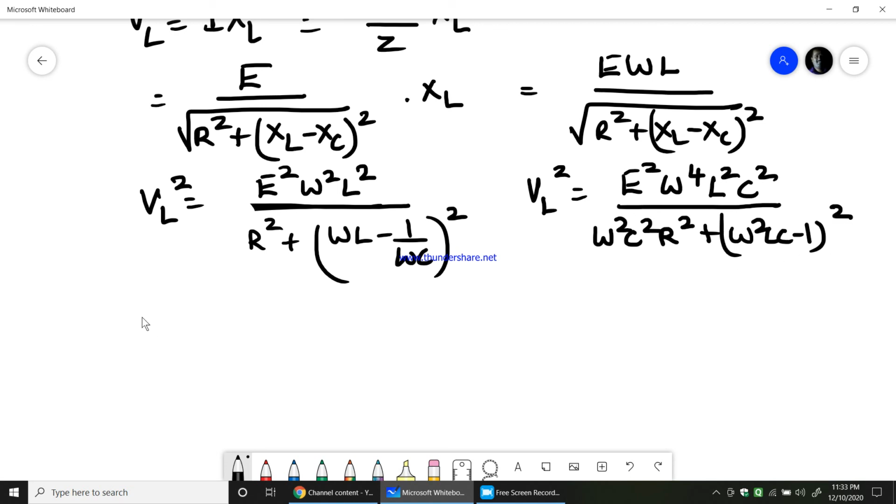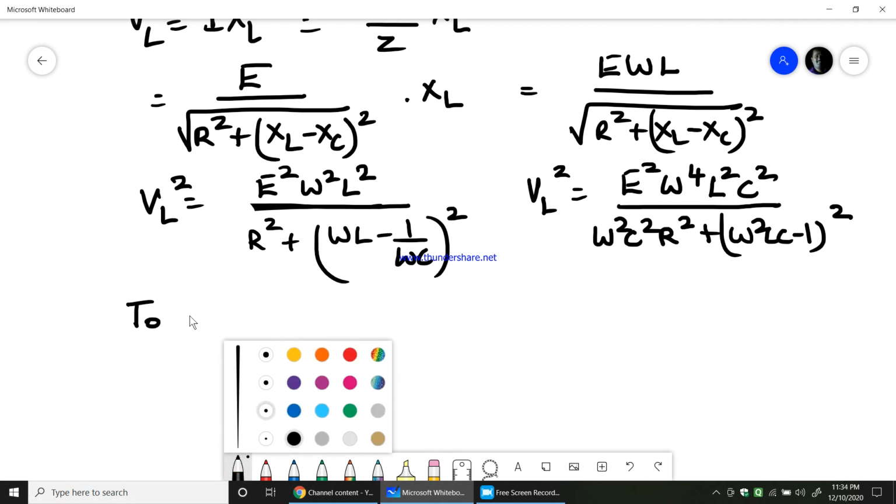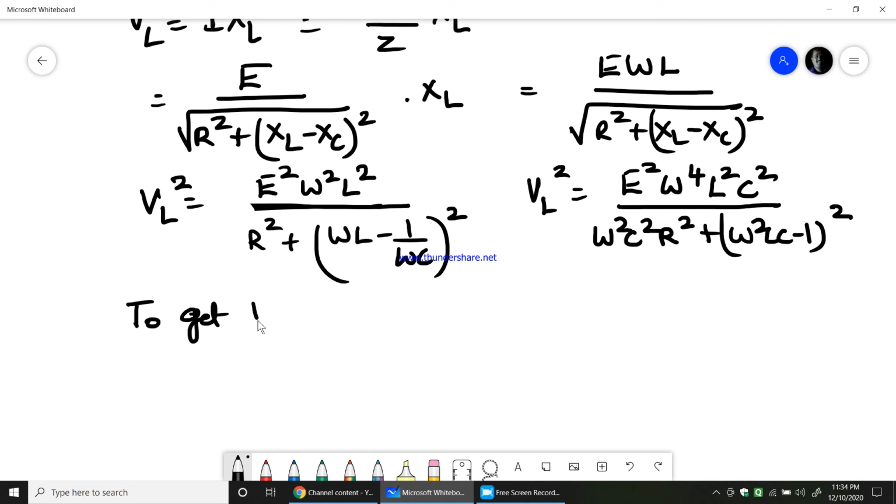Now you differentiate to find FL max, to have VL max. To get VL max, we differentiate VL in terms of omega and then we equate to 0.